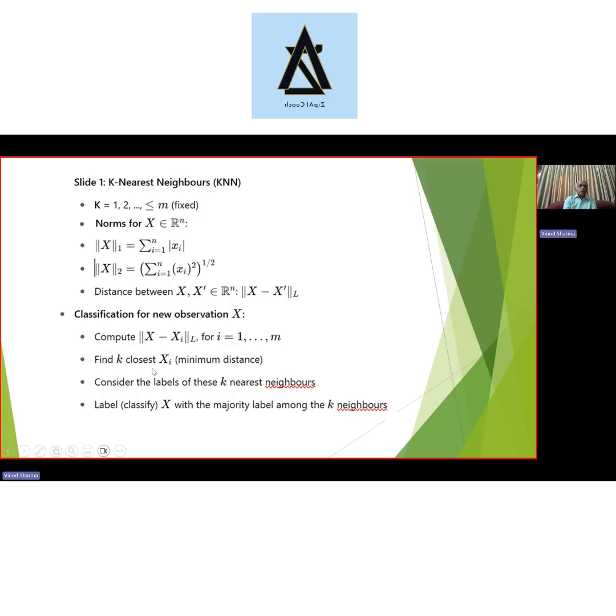If k is equal to 1, find the closest. If k is equal to 2, find the 2 closest, and so on, by this distance. Now look at the labels of those k nearest neighbors. Among those labels, find the majority label. So suppose there are 5 labels and 3 of them are class 2, then the x which we want to classify will be classified as class 2.